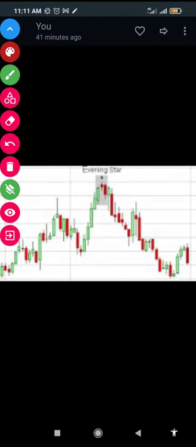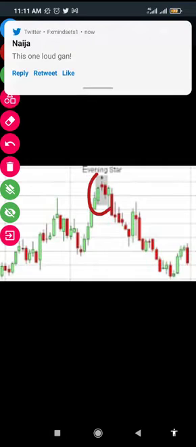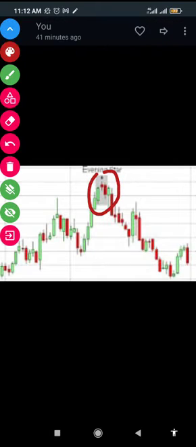Now you can see the evening star pattern form here. The last green here is the green I was talking about, followed by a small body candlestick, then followed by a bearish candlestick. That is an evening star, the opposite of morning star.